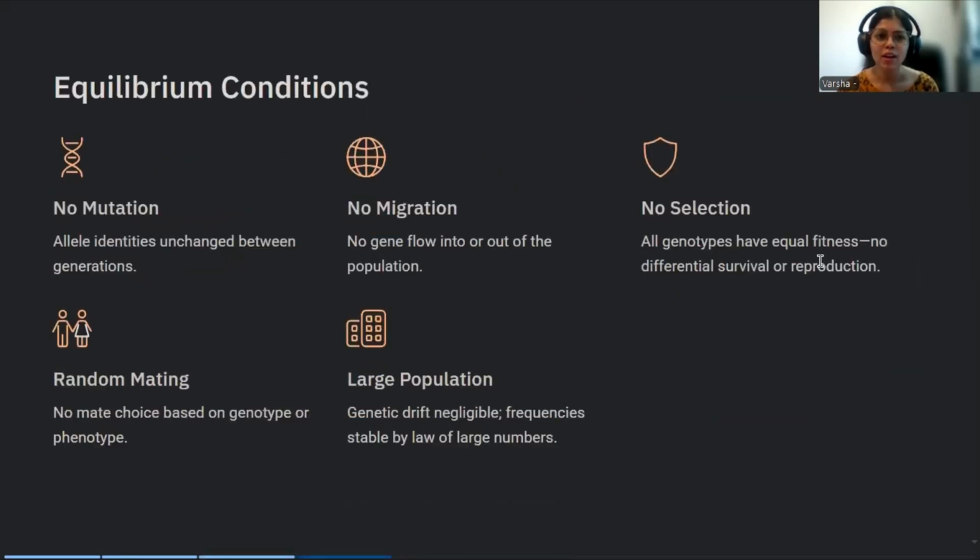What are those equilibrium conditions that make the equation possible? I'll tell you again: there should not be any mutation in the population, no migration, no natural selection, always random mating, and it is considered always in a large population.